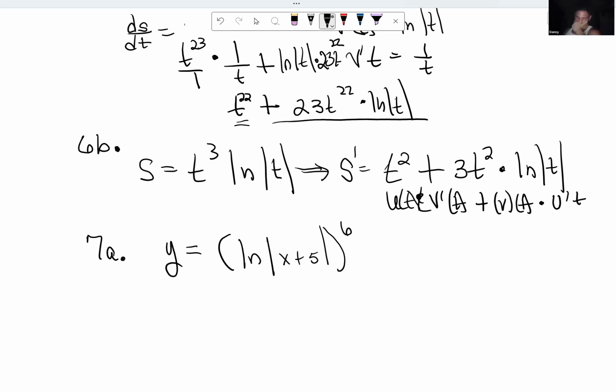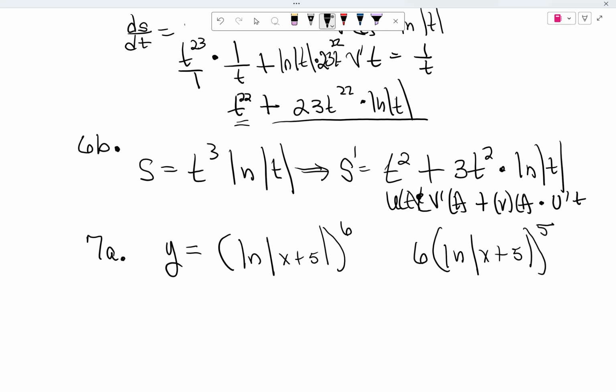Well, I would say to you, think of chain rule where you would do 6 natural log of x plus 5 to the 5th, and this over the g of x, x plus 5.